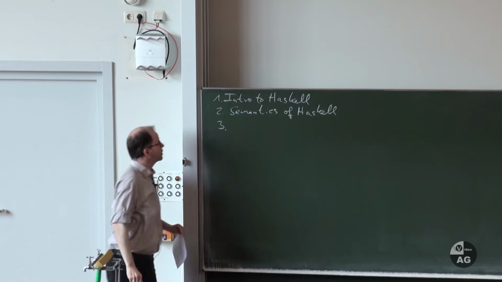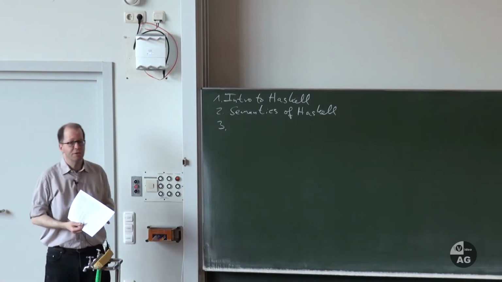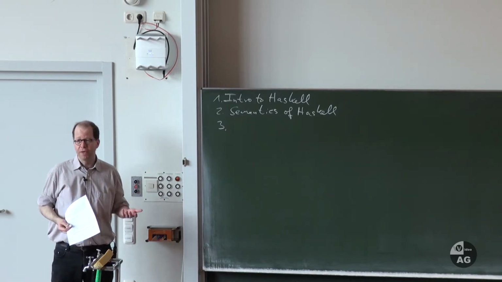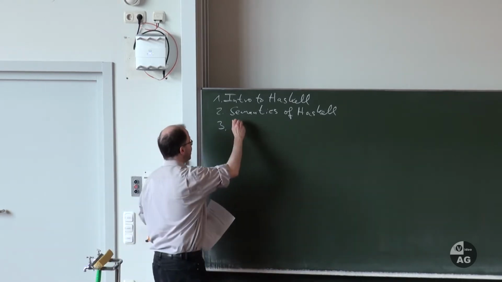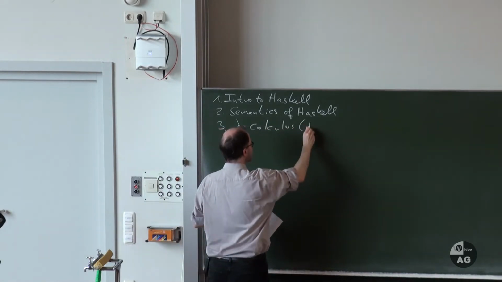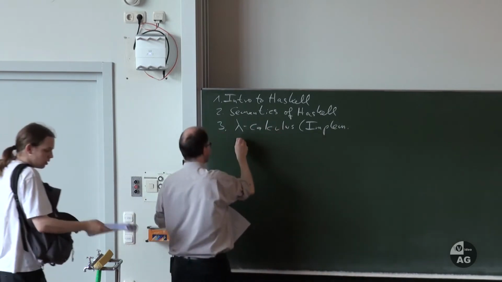And in the third chapter, we will look at how to implement Haskell. So after we defined what Haskell constructs actually mean, the question is how can you implement a functional language? And one way of doing this is using the lambda calculus. So this is the lambda calculus used for the implementation of Haskell.